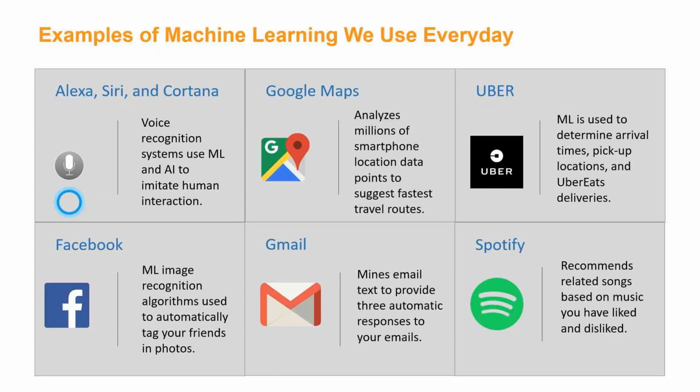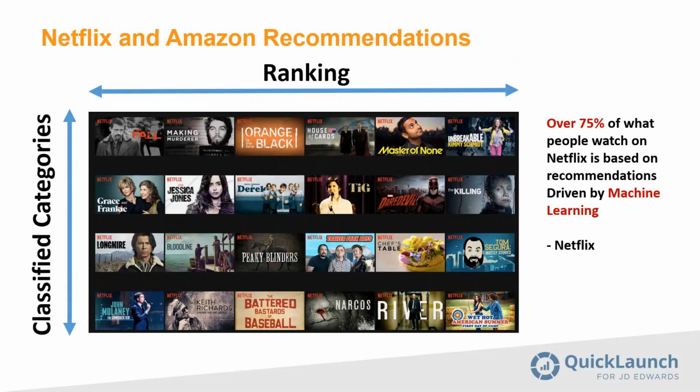So as consumers, we are exposed to AI every day, from your Netflix recommendations to your Google Maps route. All this intelligence behind these predictions is powered by machine learning algorithms. And a couple examples I like are around Netflix and Amazon recommendations.